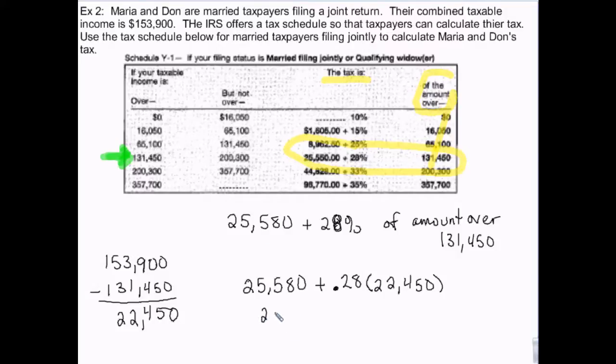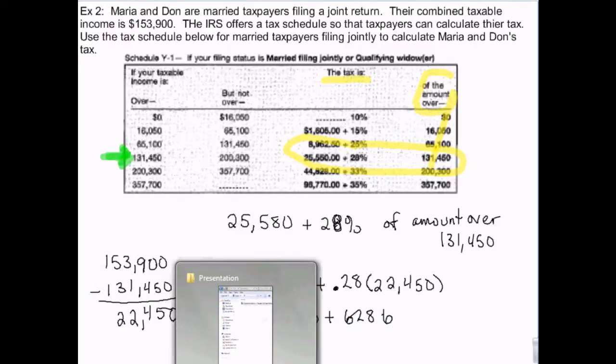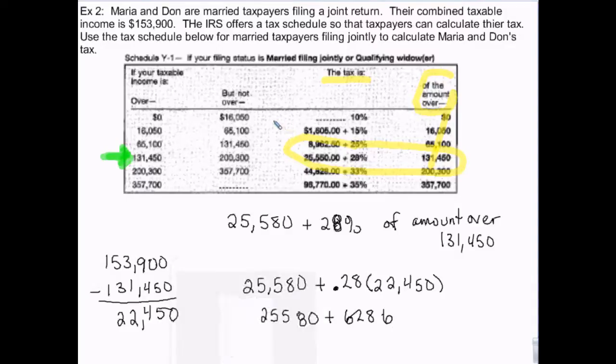That's a 6. So their tax bill is actually going to be $31,866.